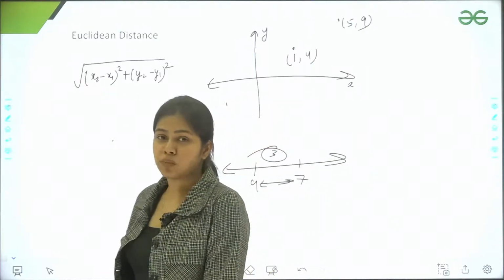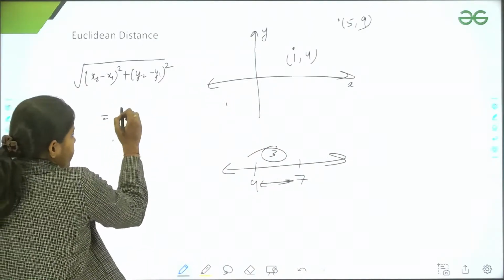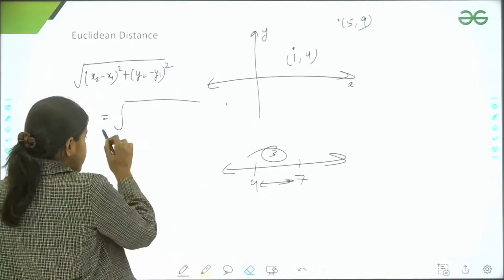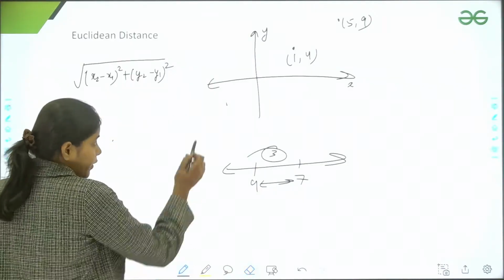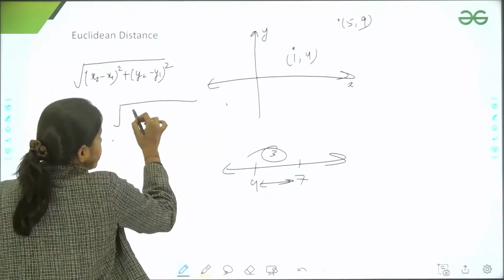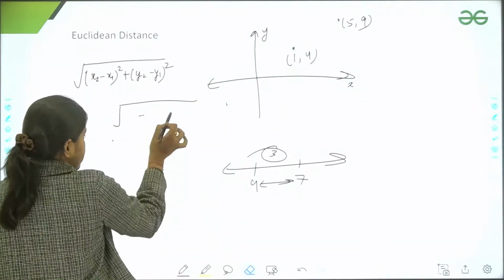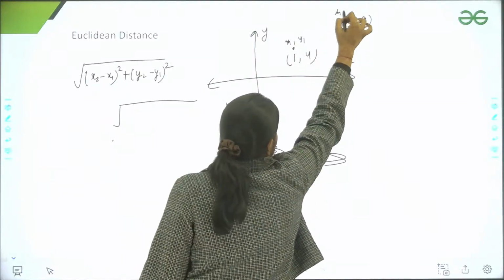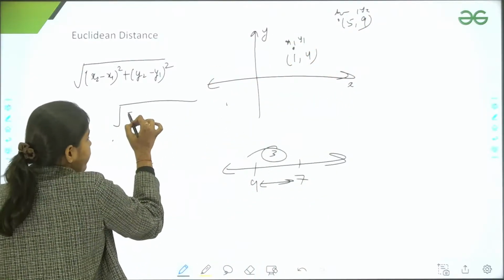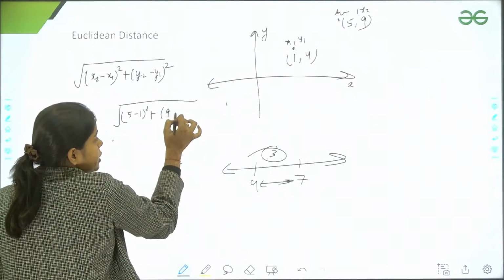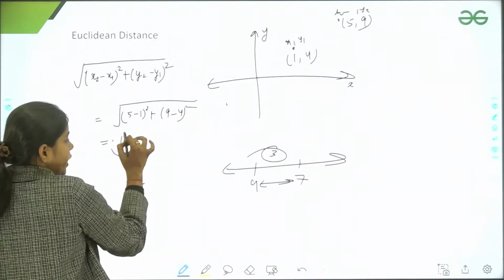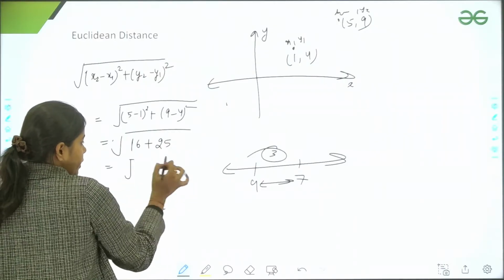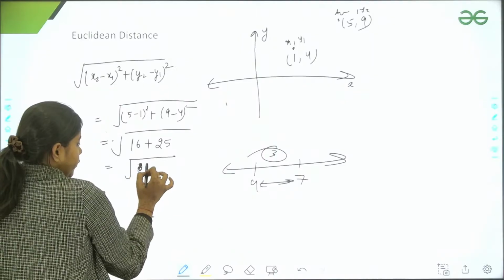Okay, so this is the distance: x2 minus x1 square plus y2 minus y1 square. We call this distance the Euclidean distance. First let's find the distance in 2 dimensions. x2 minus x1 square, where x1 is 1 and x2 is 5, and y1 is 4 and y2 is 9. So 5 minus 1 square plus 9 minus 4 square. 5 minus 1 is 4, 4 square is 16. 9 minus 4 is 5, 5 square is 25. 16 plus 25 gives me 41.